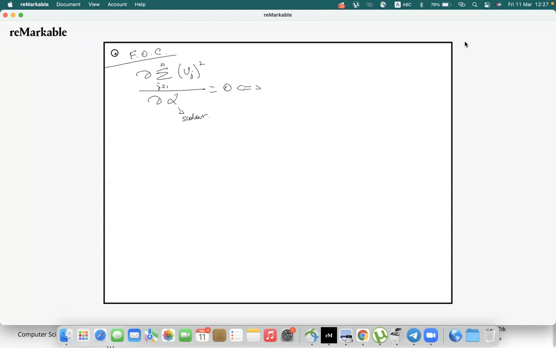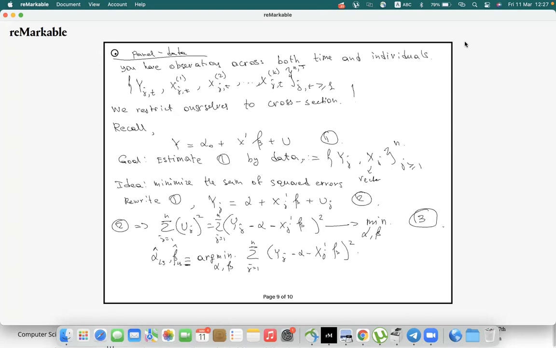That's why the way that you minimize this, let me see the function. So the function is like this. To take the derivative you use the chain rule, because it's a composite function.